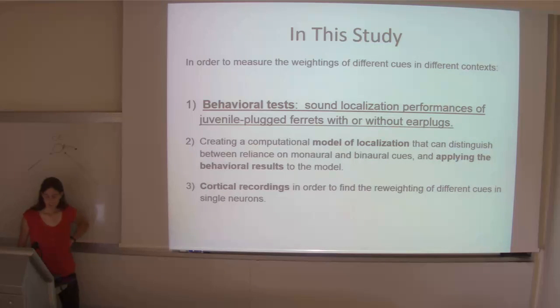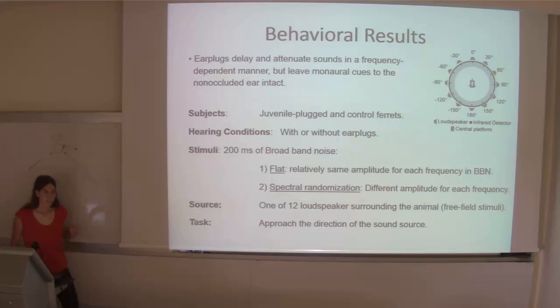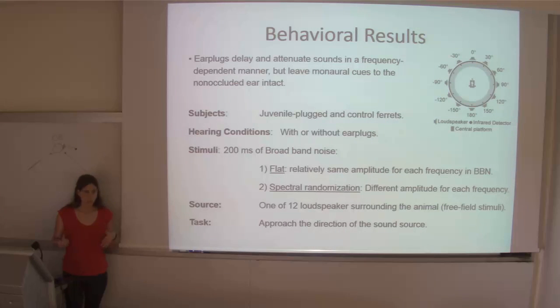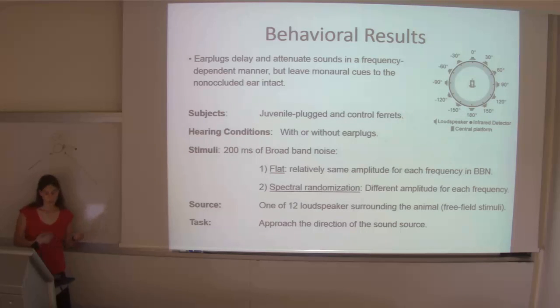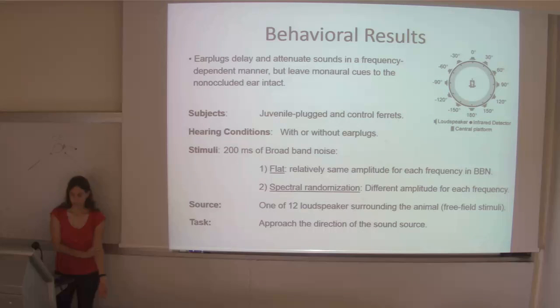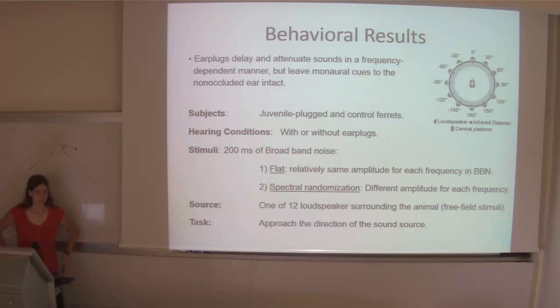So first, the behavioral test. They have juvenile plugged ferrets and control ferrets, which were raised with normal hearing. They were tested with or without the earplugs, and they were all shown 200 trials of 200 milliseconds of broadband noise.